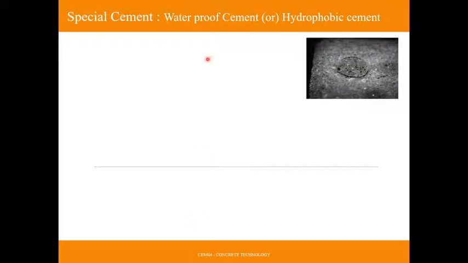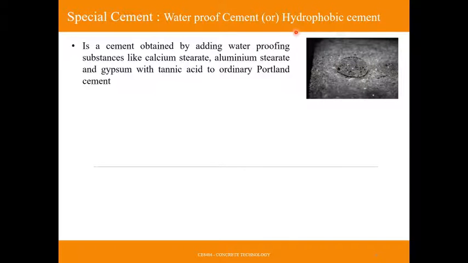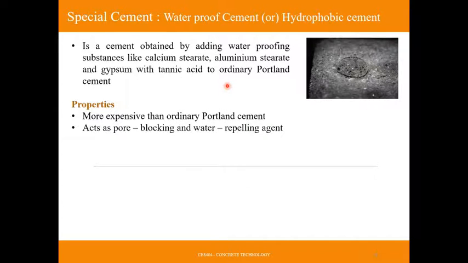The next one is waterproof cement or hydrophobic cement. It is formed by adding certain waterproofing substances like calcium stearate, aluminum stearate, and gypsum with tannic acid to ordinary Portland cement. It also acts as a pore blocking and water repelling agent.